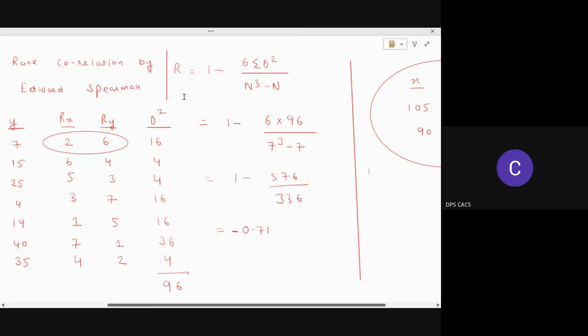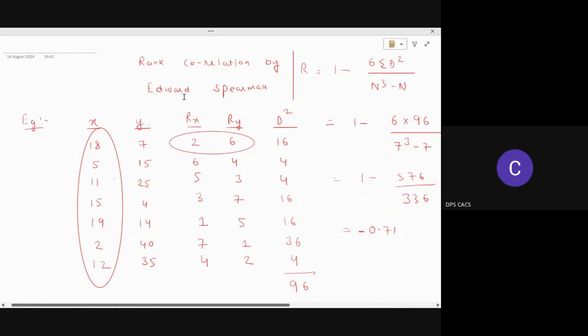Coming back to rank correlation, tell me, if there is a tie in a column, will I use this formula? No, sir, I have a different formula for that. So what I am doing, changing the columns. Suppose 11 is occurring twice here. You can copy again for the second example.